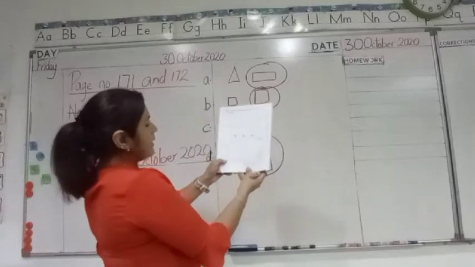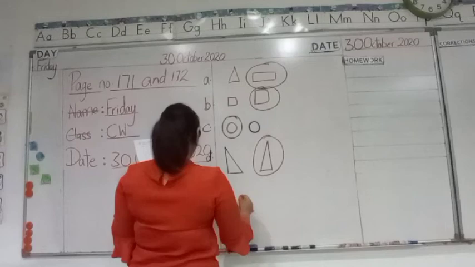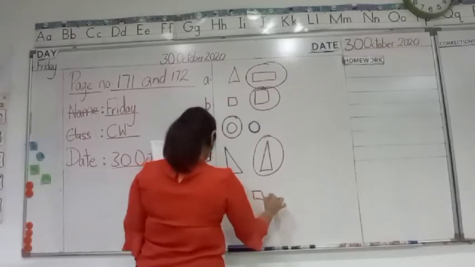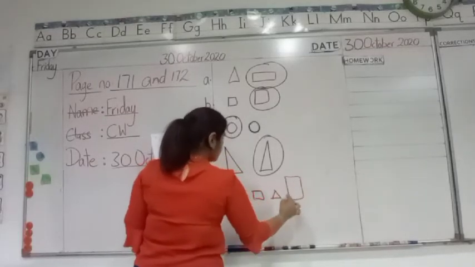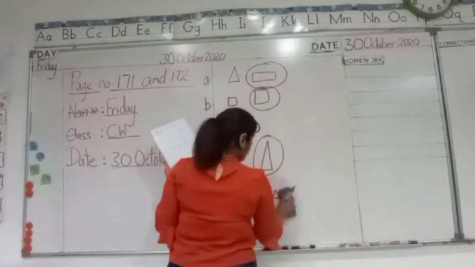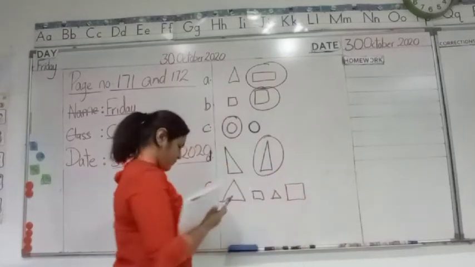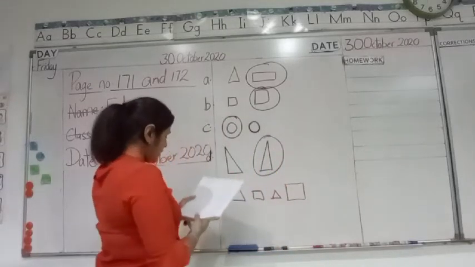Okay, next, letter E. Oh, there are 4 different options: a big triangle, a small square, a small triangle, and a big square. You have to choose one out of these. Alright, let's do it.